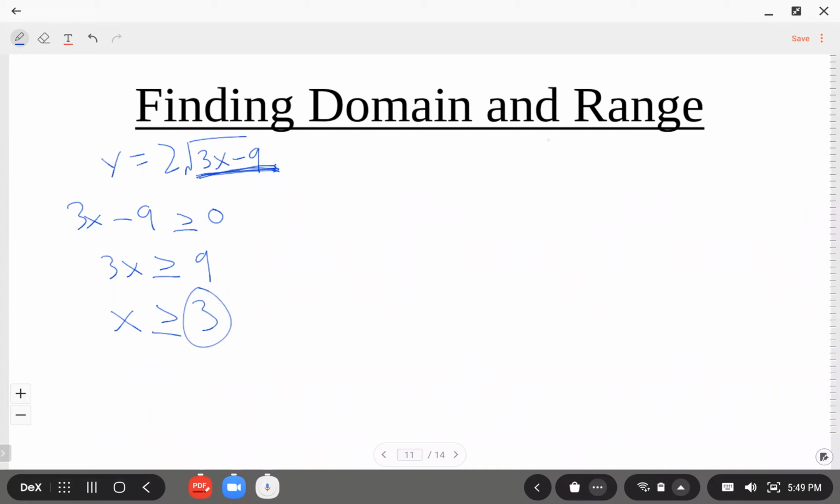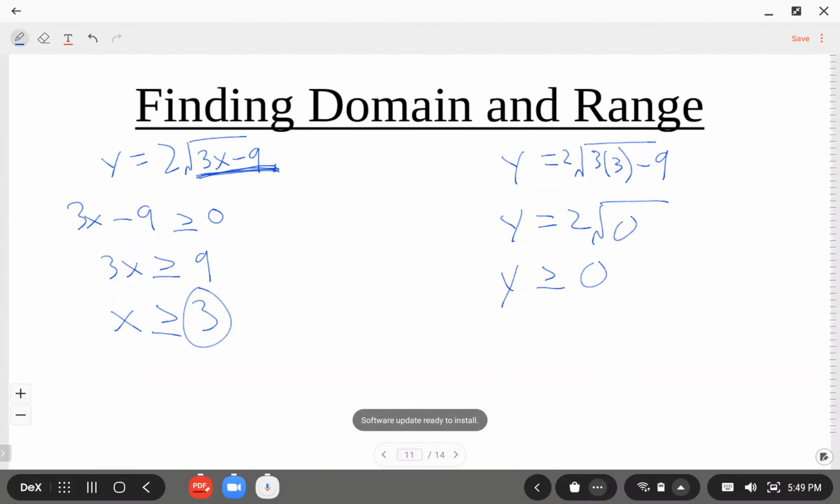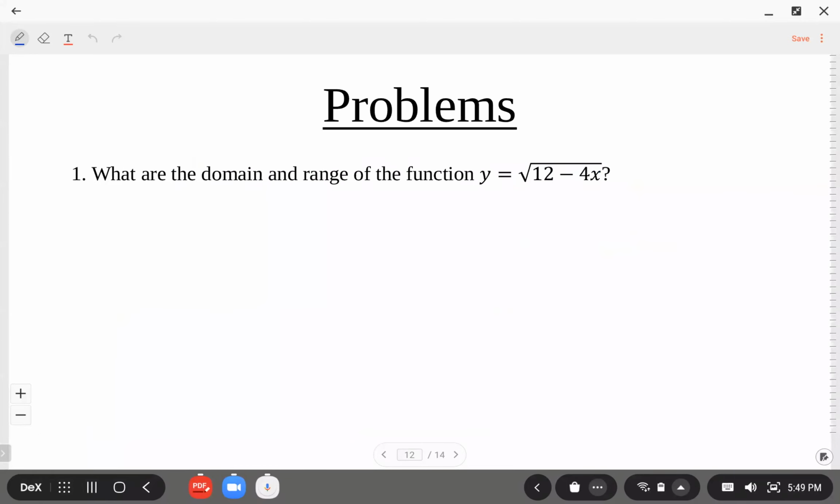So y equals, just sub that in, okay, sub 3n minus 9, and then y equals 2 times the square root of 0, and then y is greater than or equal to 0, okay, and it's usually like that. So that's how to find the domain and range. So now let's move on to problems.